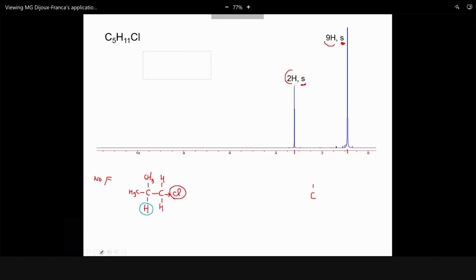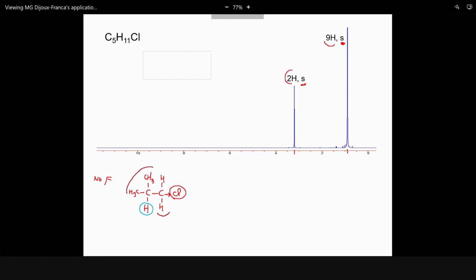We have three different groups. We have these two, which are equivalent, the blue one, and the methyl groups, which are equivalent. So how many signals should I find on the spectrum? We should find three different signals.